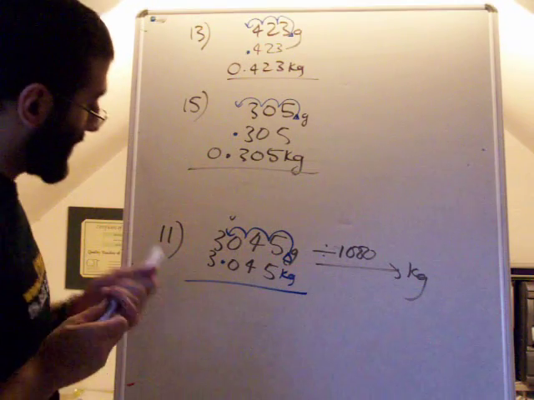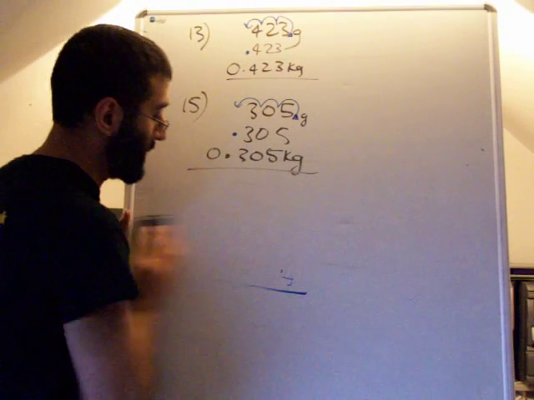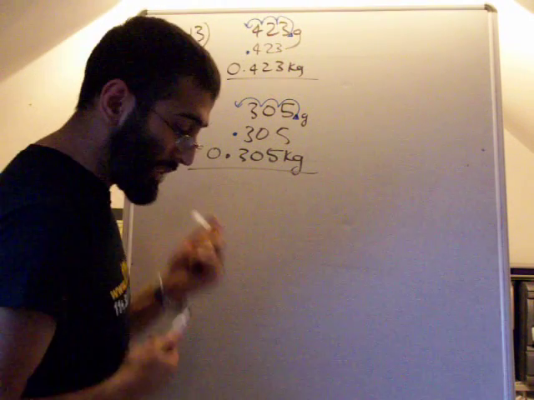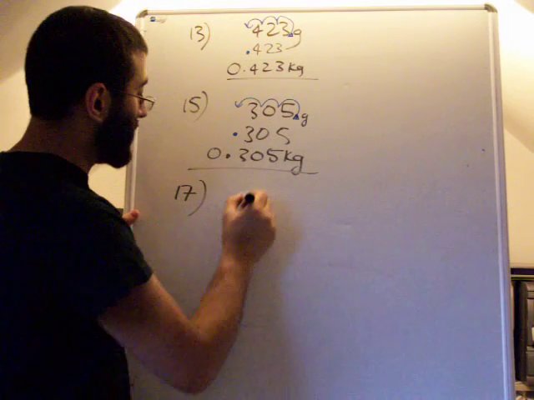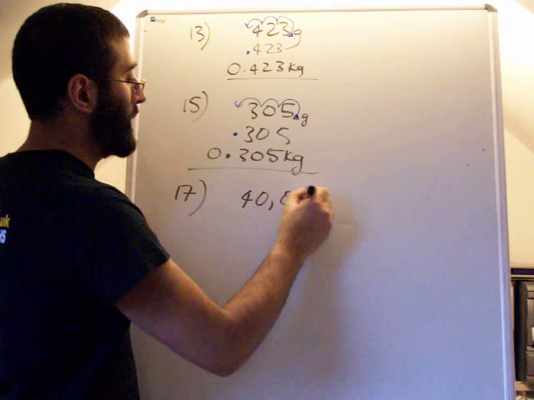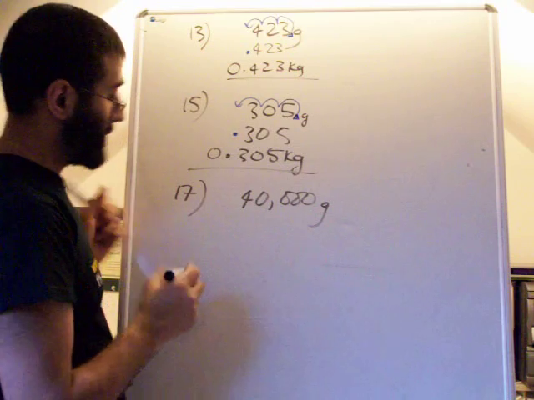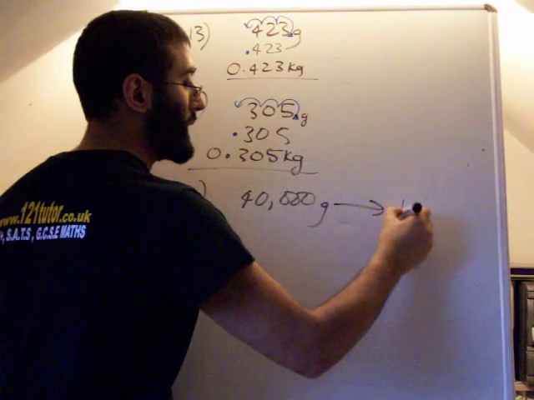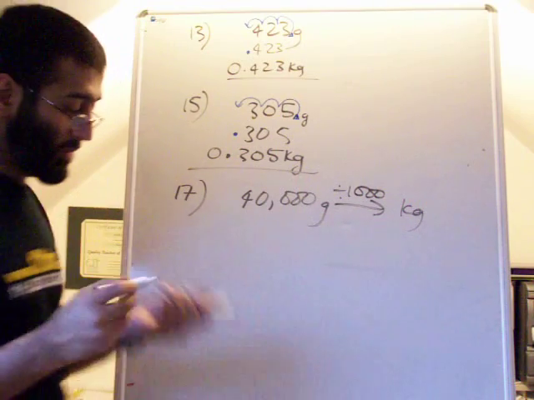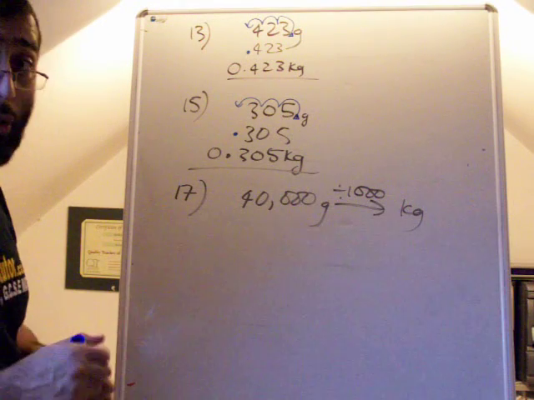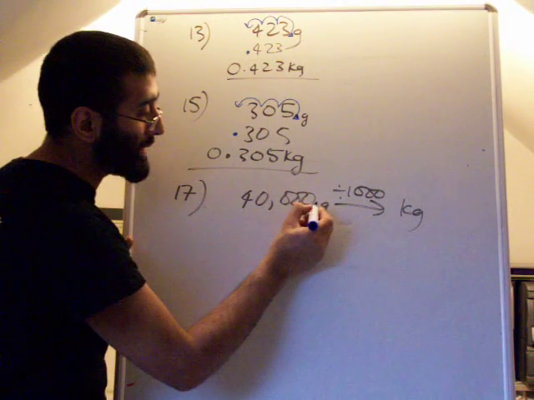Okay, and last but not least, question number 17. We have 40,000 grams. I'm going to change that into kilograms. So we divide by 1,000. When we divide by 1,000, we've got to locate the decimal point, which for the whole number is at the end.